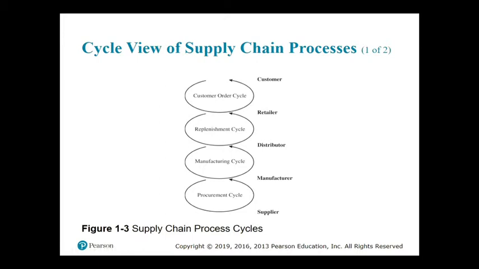So the difference between these cycles in different places in the supply chain, one is the size of order. So as we go, say, upstream the supply chain, what do you expect the size of order?